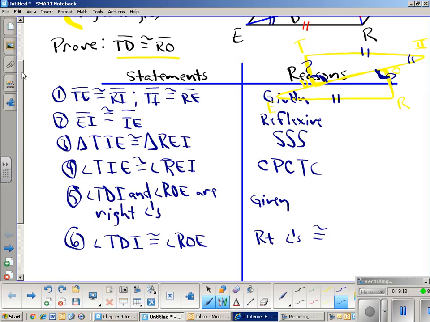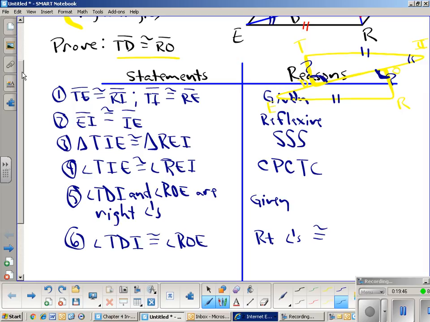All right, now, if you look at those two triangles, triangle TID and triangle REO, do we have enough information to say they're congruent? Megan, you tell me, those two yellow triangles over there, TID and triangle REO, do we have three facts in each of those that are enough to prove those triangles congruent?